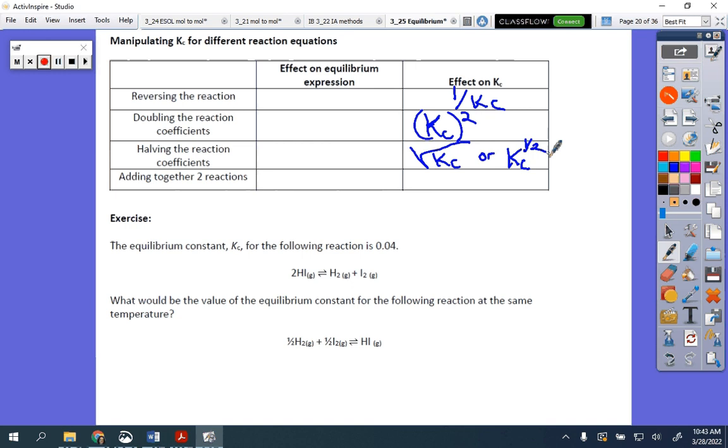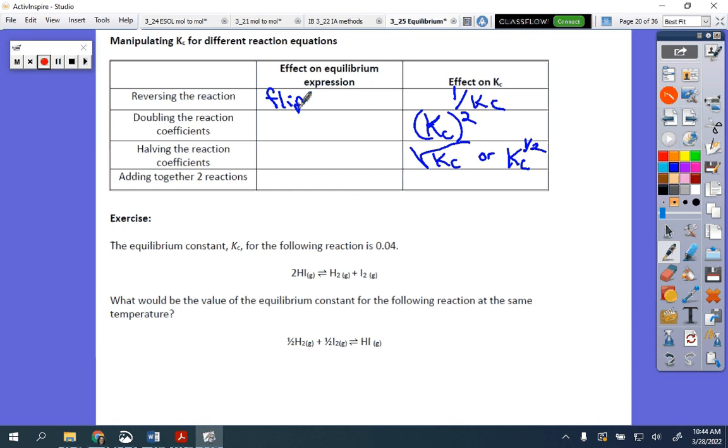I'm not going to worry too much on the effect on the equilibrium expression. You can go through and think about how you would write out the equation for Kc under these different circumstances. Obviously, we'll just go through it. So we would flip it. If we reverse the reaction, the old reactants would become the new products, and vice versa.